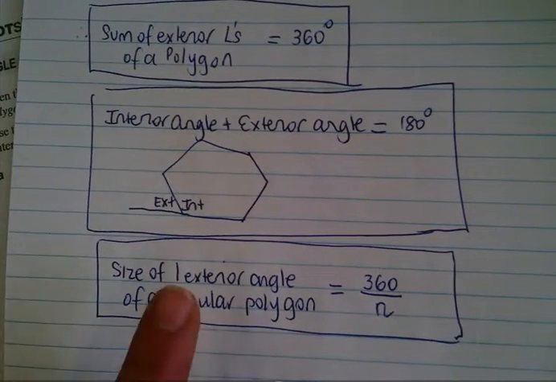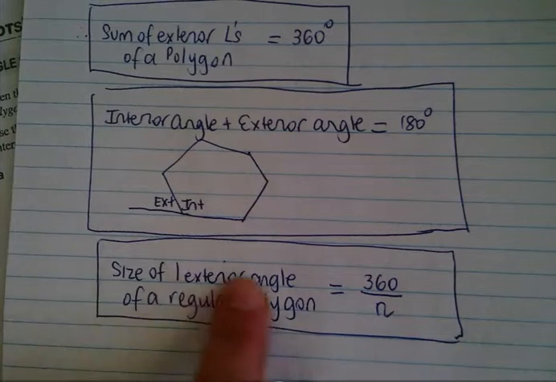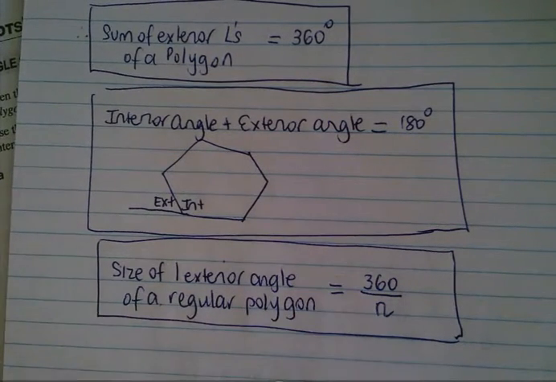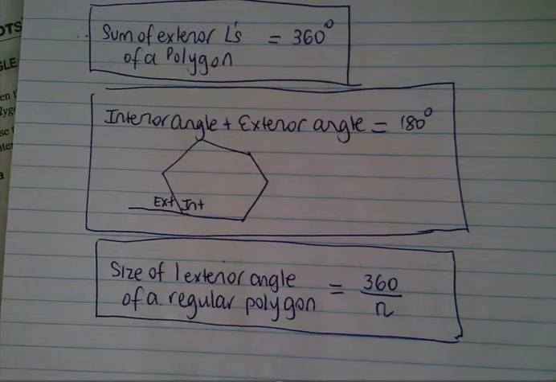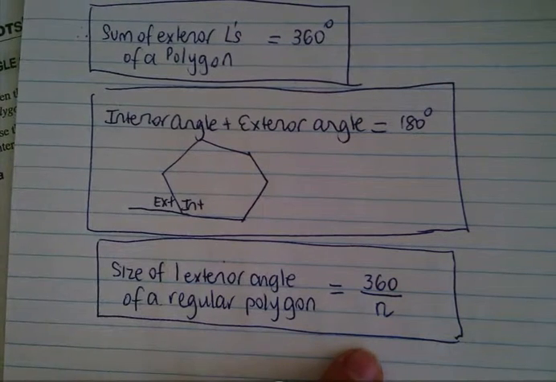So only for a regular polygon, the size of one exterior angle is 360 on n. For example, for your triangle, 360 divided by 3, the exterior angles were 120. For your square, 360 divided by 4, the exterior angles were 90. For your pentagon, the exterior angles were 72, if you go back and look at what we just did.